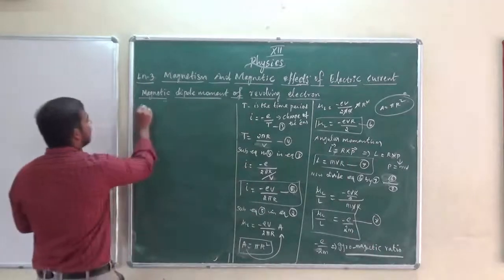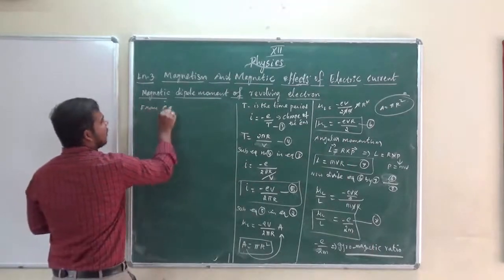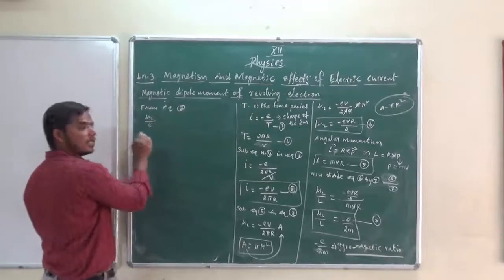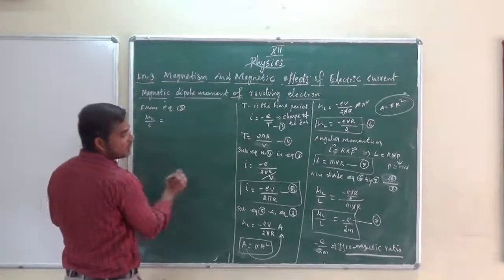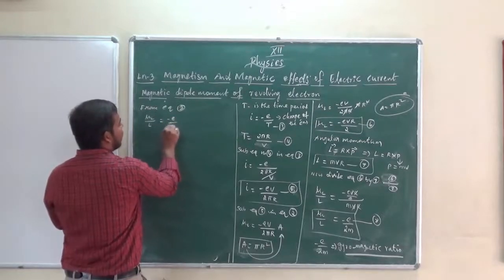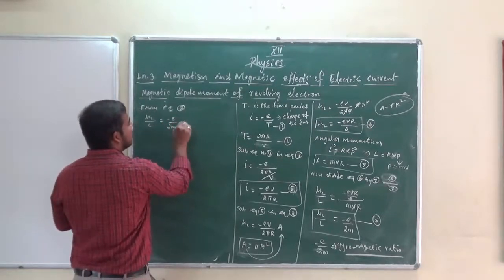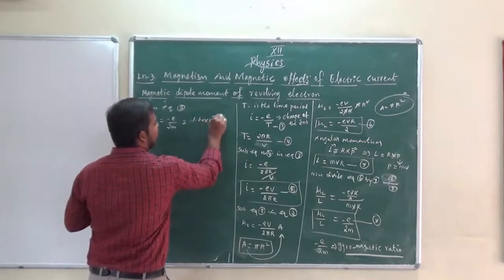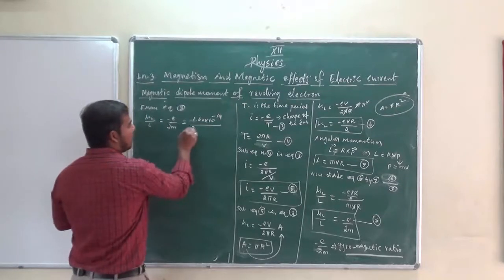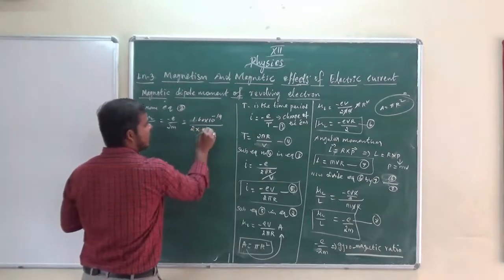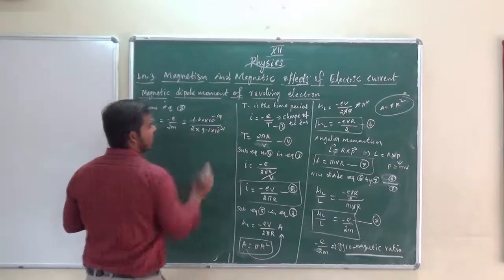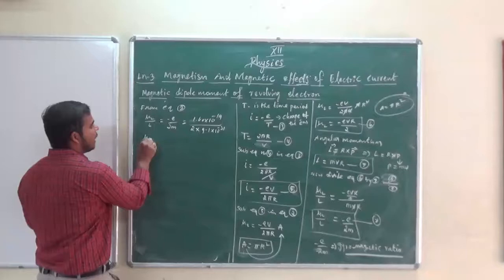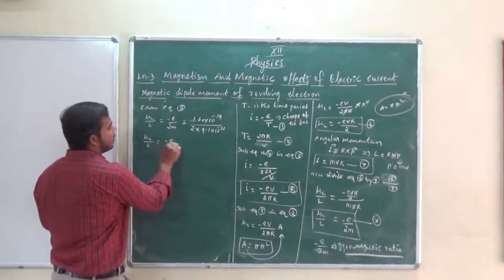From equation 8, mu L divided by L is represented by the gyromagnetic ratio, which is minus e by 2m. We know the charge of the electron: 1.60 into 10 to the power of minus 19, divided by 2 into the mass of the electron. These are fixed values: 9.1 into 10 to the power of minus 31. When you solve this, you get mu L by L equal to minus e by 2m.